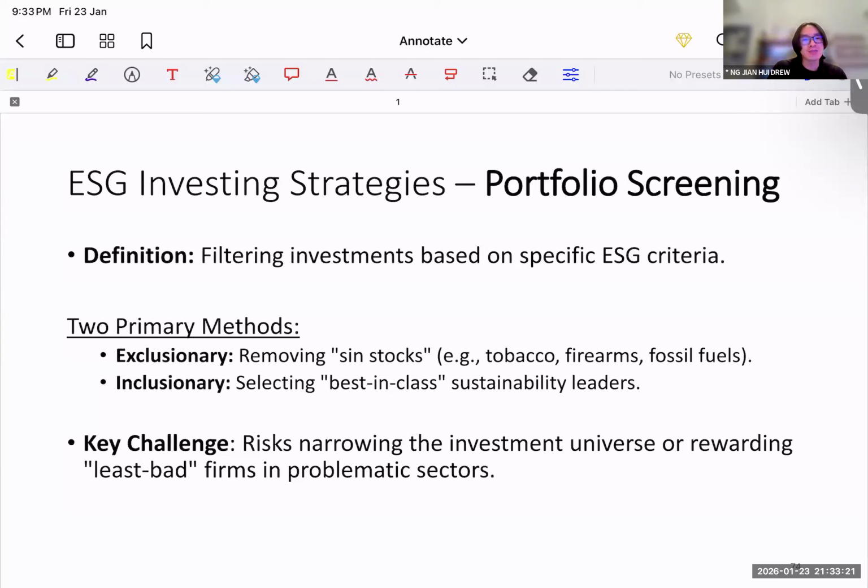So my portfolio is going to exclude any oil stocks because I feel that they are sin stocks. But why shouldn't I include things like Sembcorp Marine? Okay, so maybe this is a bit in depth, but let's try to think about it. So Sembcorp Marine, right?